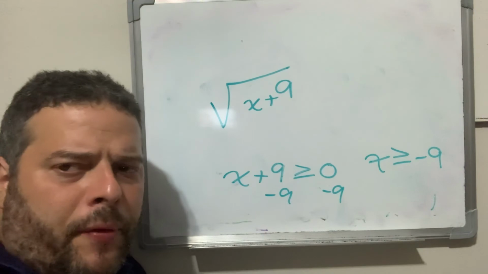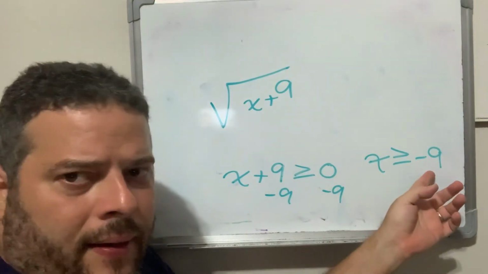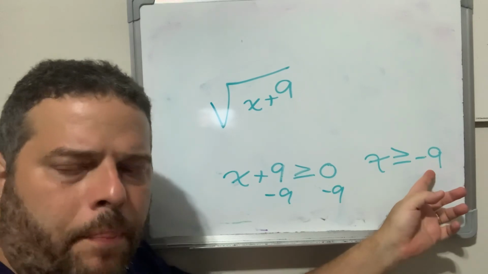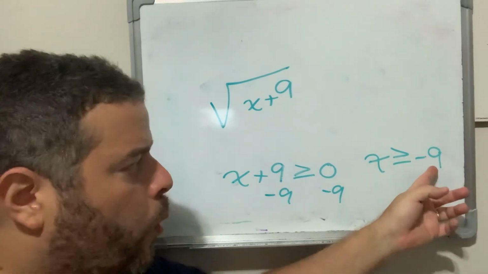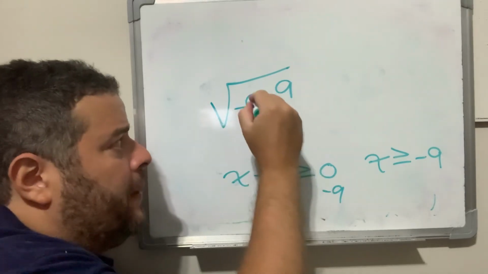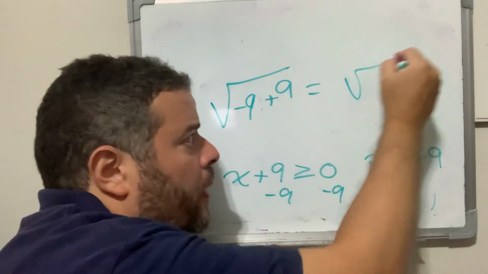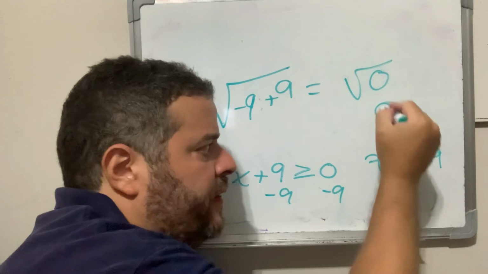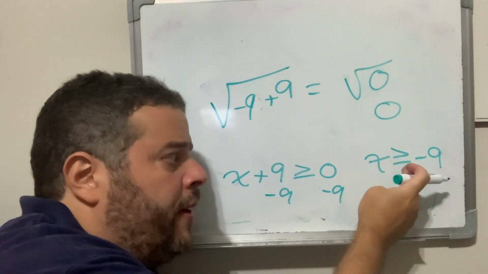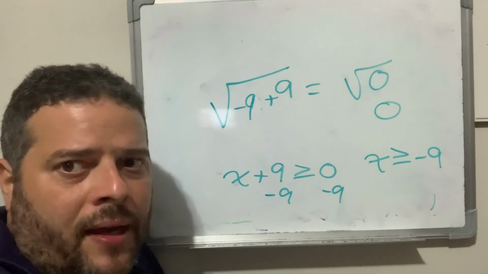Again, people say, Profe, but that's a -9. I mean, we can't use negative numbers. Remember, this is your input. That's where your domain begins. When I put -9 in here, what is -9 plus 9? 0. And the square root of 0 is 0. So your domain is anything that is greater than or equal to -9.